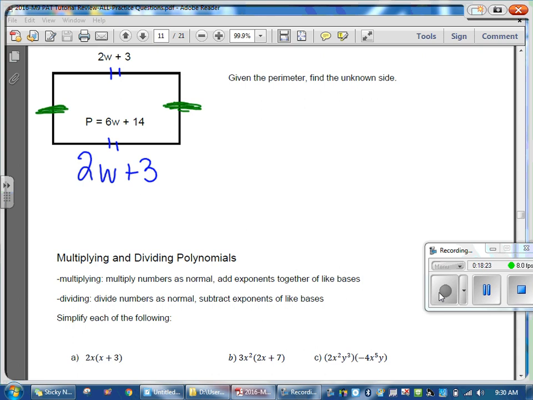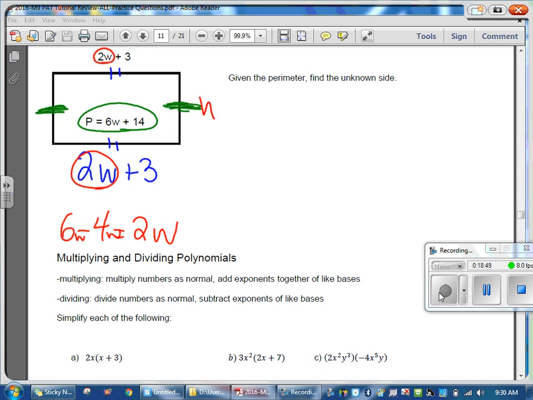So I've got a total of 6 w's that I need, and I've got 2 here and 2 here. That makes 4. So if I take 6, subtract 4, I'm going to get 2 w's that I need left over. But I've got to share them between two sides. So how many w's does each side get? 1. So this guy's going to get a w, and this guy's going to get a w. Perfect. Now they would all add up to 6 w's.